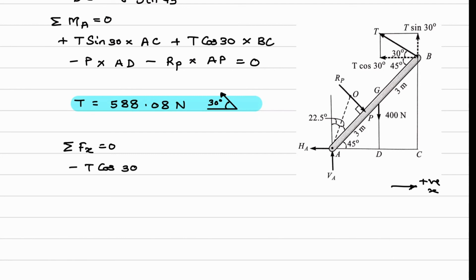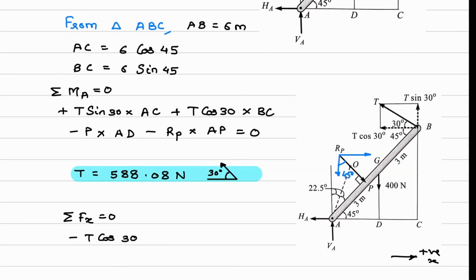Next force we have to consider is this RP. Now this RP X component will be like this and Y component will be like this. Now this angle is 45 degree. Why is this angle 45 degree? Because this is AB.